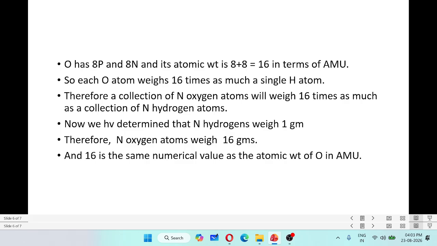We have already determined that Avogadro number of hydrogens, or N hydrogens, will weigh 1 gram. So Avogadro number of oxygen atoms will weigh 16 grams. And look, 16 is the same numerical value as the atomic mass unit of oxygen.